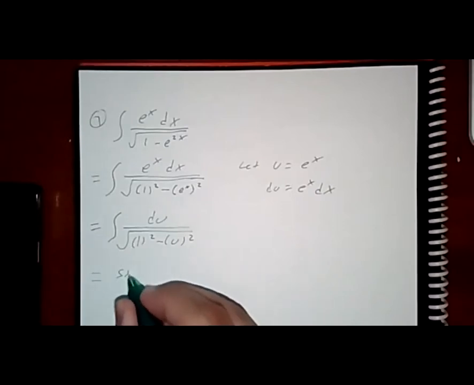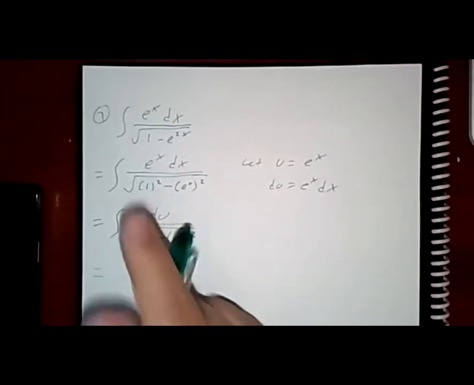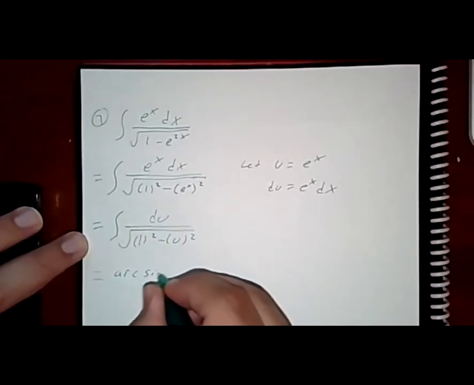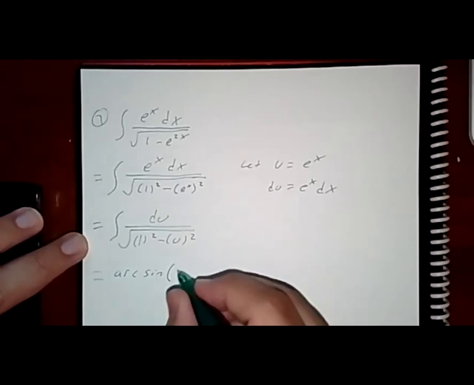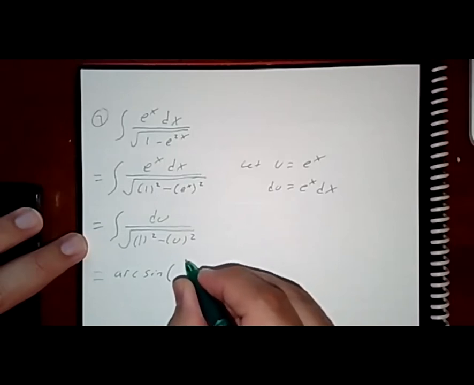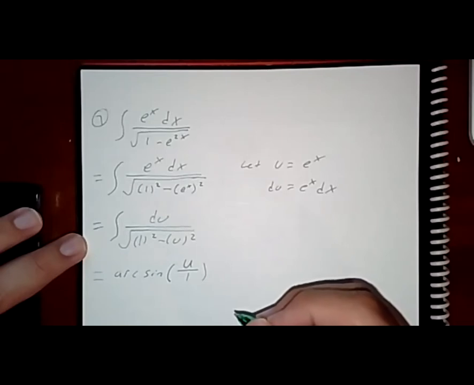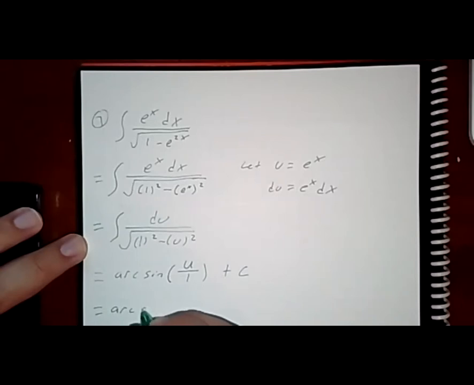This will be arc sine, or sine inverse, of u over a plus c, which is the same as e^x over 1.